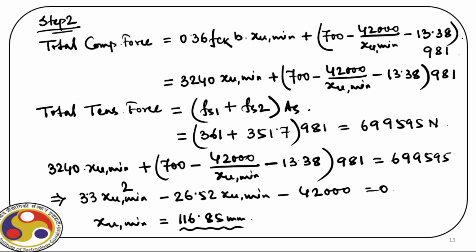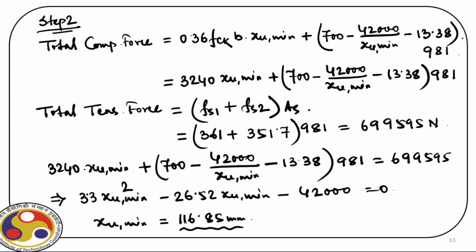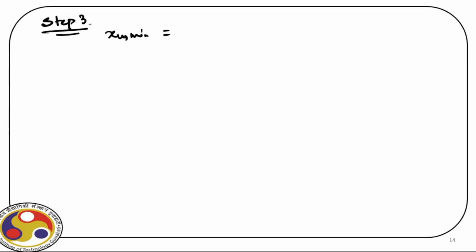So now the iteration starts. So step 3, we assume XU minimum to be 116.85. So let us start with 117 millimeter. And then you can repeat the same exercise. Let me just leave it for you.